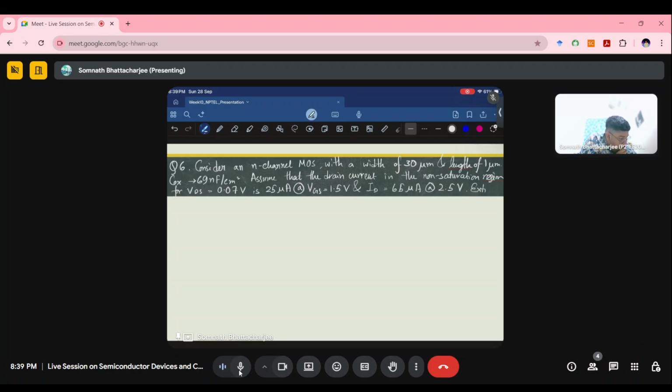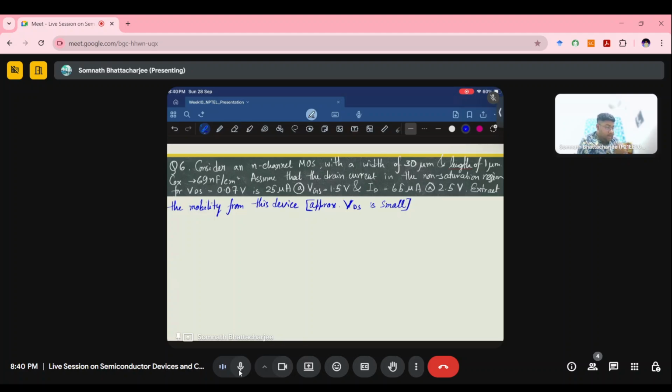We need to find out the value of mobility from this device, and the approximation they have suggested to use is that VDS is small.